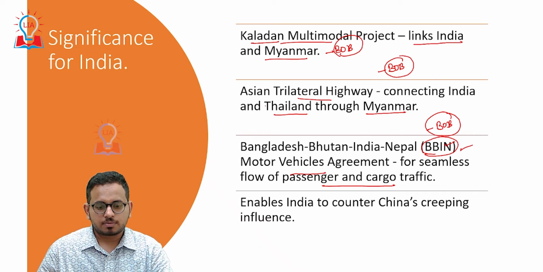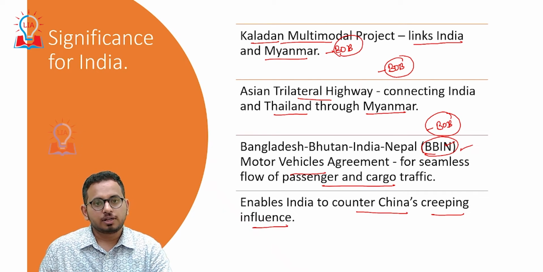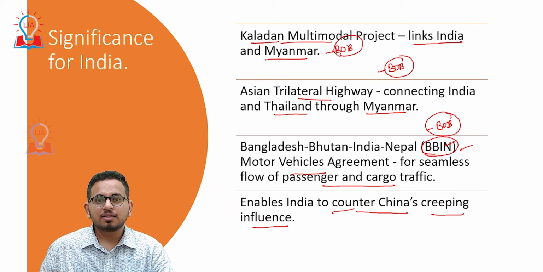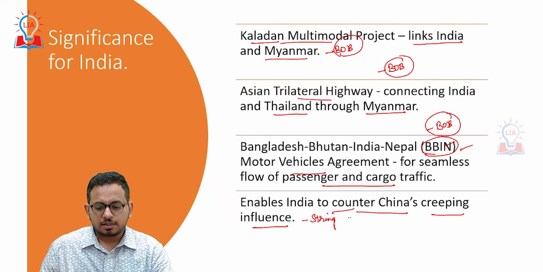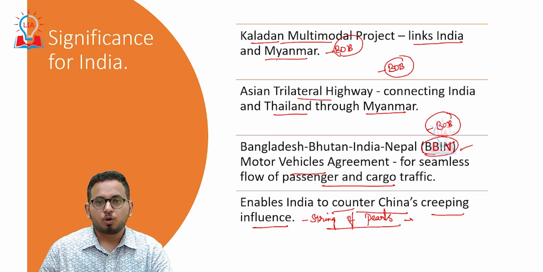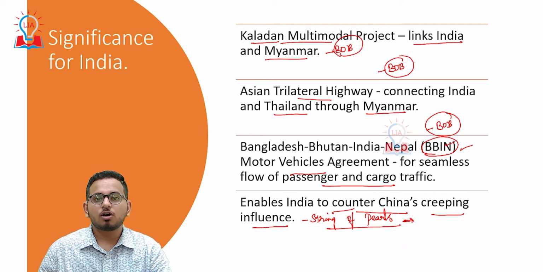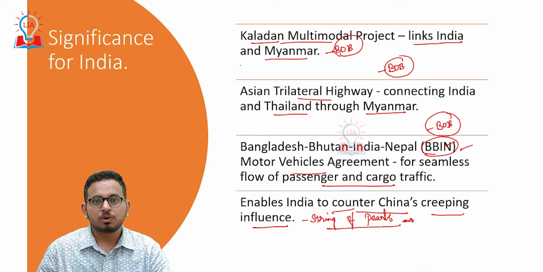So the Bay of Bengal is connecting the regional countries through BIMSTEC, the Trilateral Highway, and the Kaladan multimodal project. It enables India to counter Chinese influence. Chinese influence in the Indian Ocean and the Bay of Bengal region is happening as of now. We have something called the string of pearls. China is constructing military ports, or taking over the administration of ports along the Indian Ocean. It was usually said that the one who controls the Indian Ocean will rule the world.